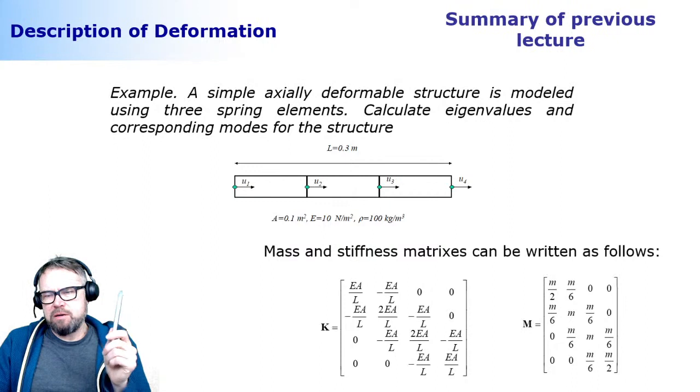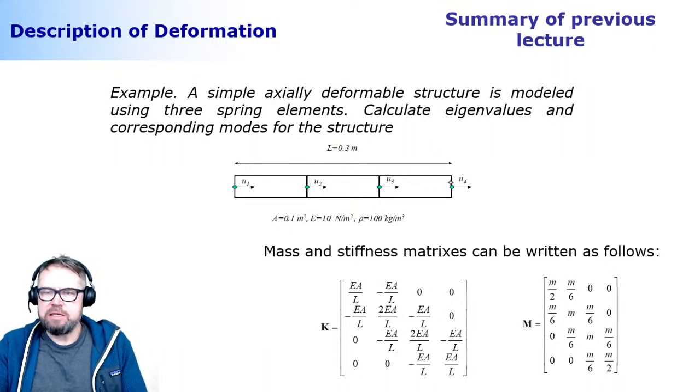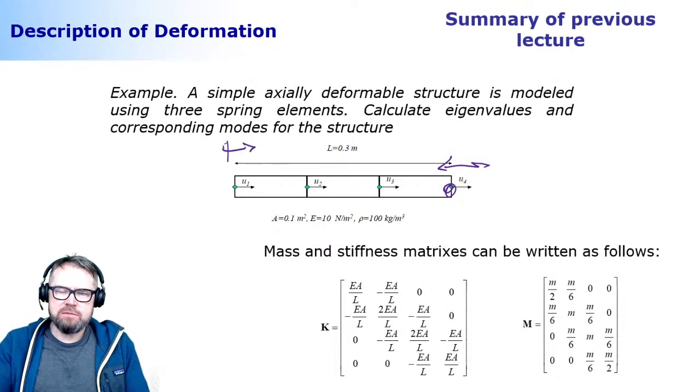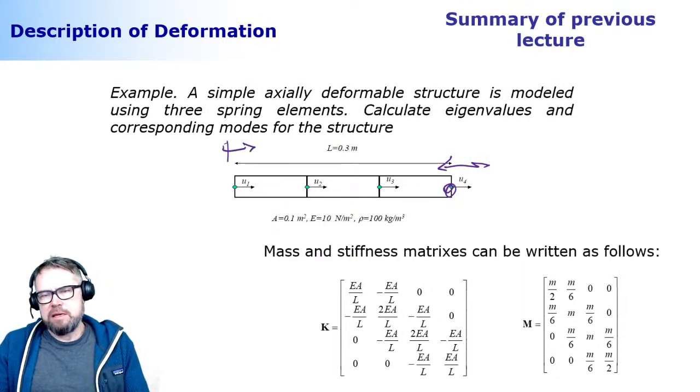The structure we looked at a week ago consists of 3 spring elements. A spring element is an element where each nodal location has just 1 degree of freedom. So it's capable of moving in the global x direction, or let's say the element coordinate x direction, back and forth. So it can go this direction and it can go back.